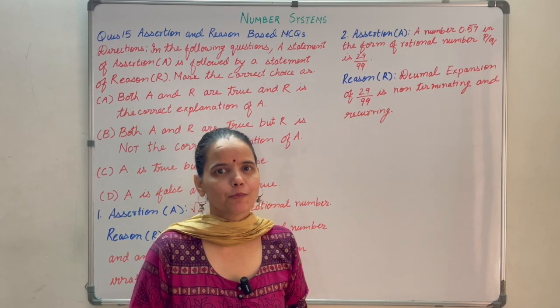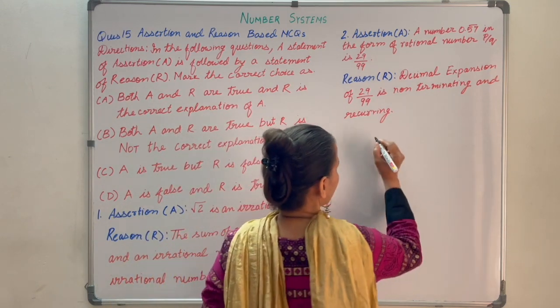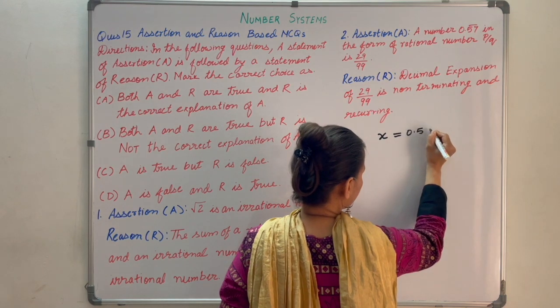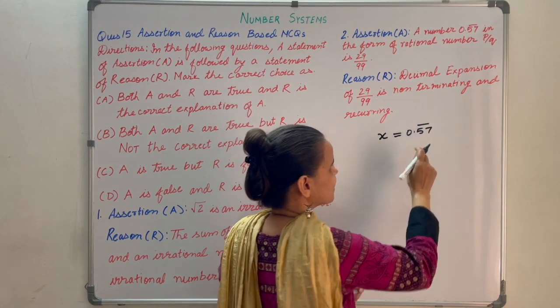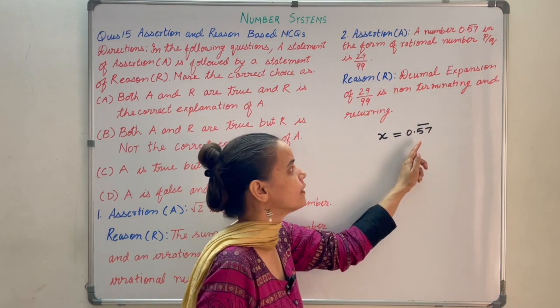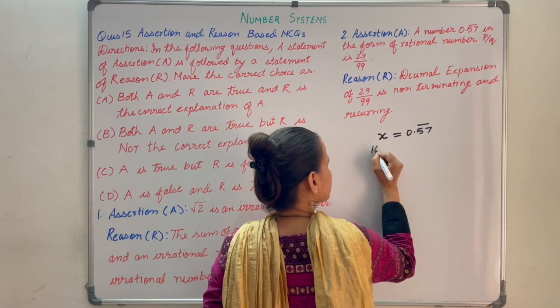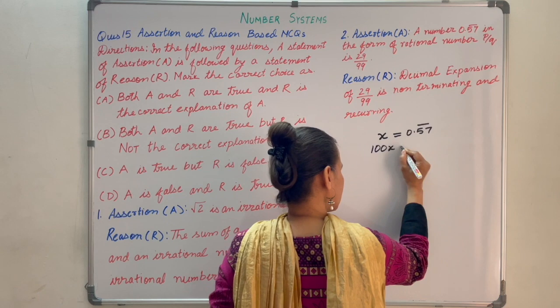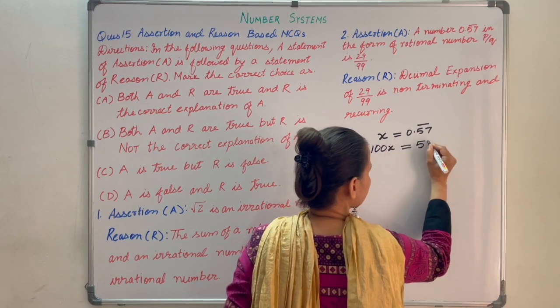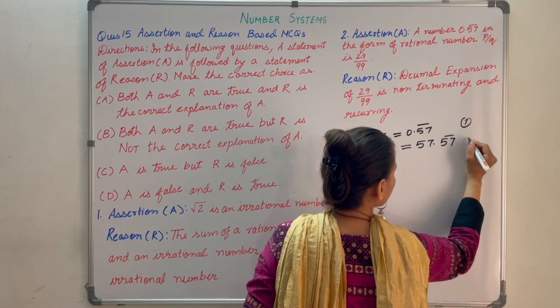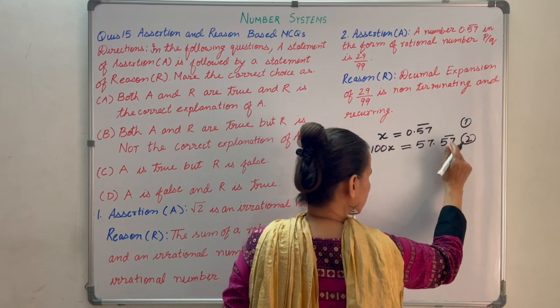So let us assume it to be x. So x is equal to 0.57 bar. Since there are two digits under the bar, we will multiply both the sides by 100. So here you have 100x and here you will get 57.57 bar. Now we will subtract the first one from the second one.